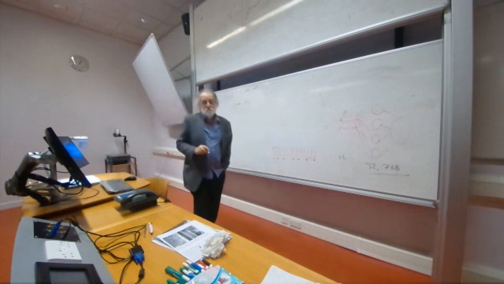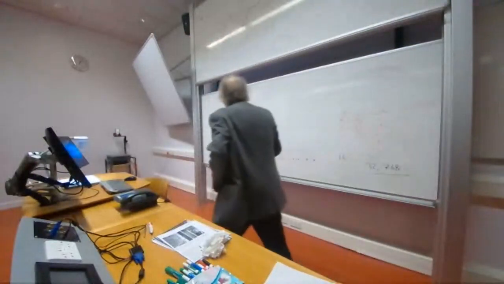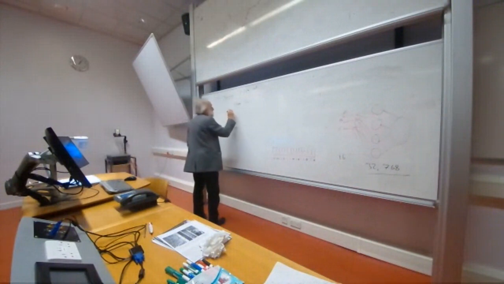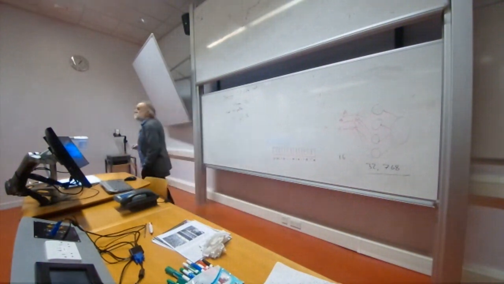Random initial weight vector. Input first pattern. So we are going to have W dot I. That will give you an output.